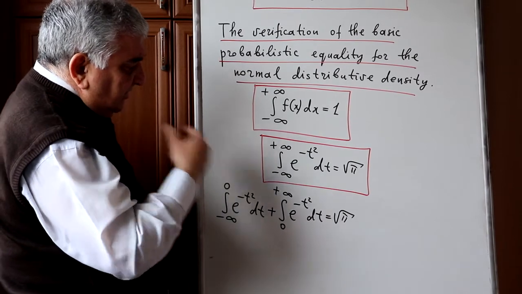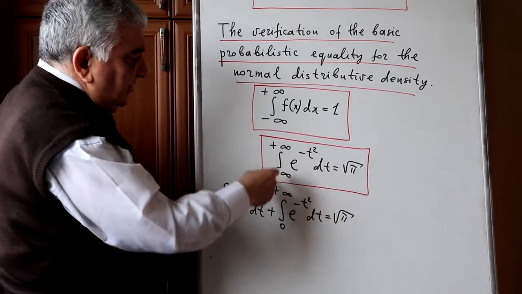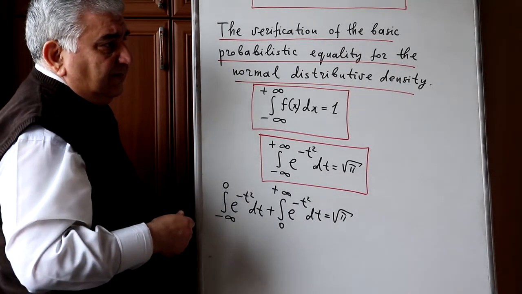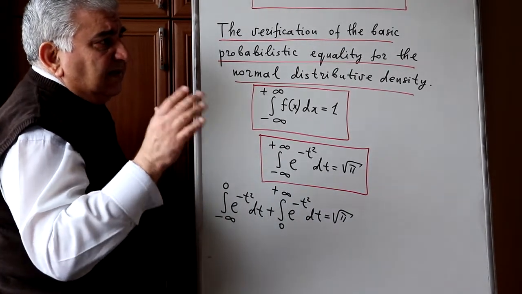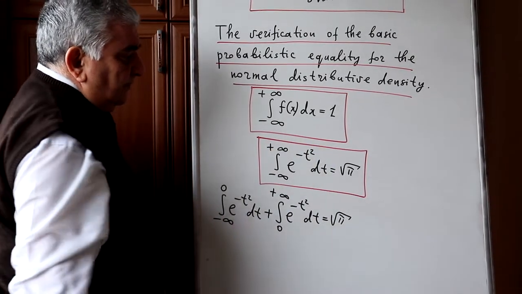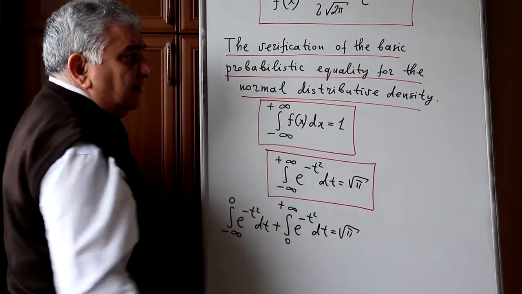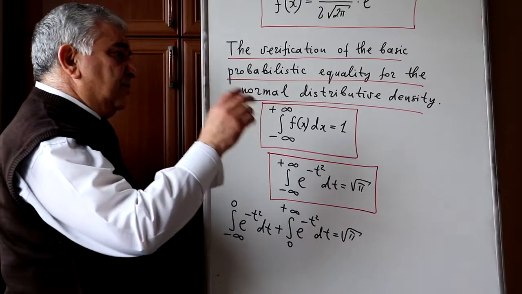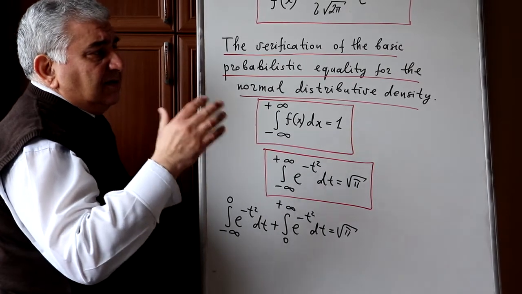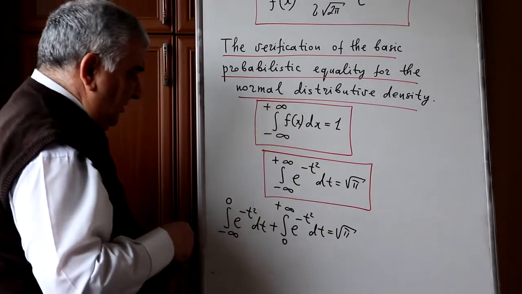You must know that this function e raised to minus t squared has no finite antiderivative, and this fact was proved with the help of functional series.